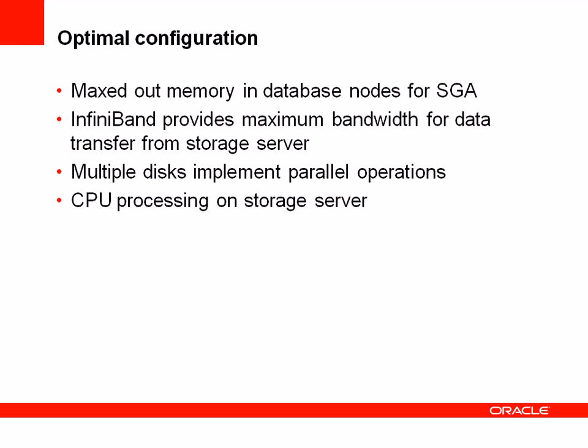Of course, if you have 14 cells in a full configuration, that's 168 disks spread out, so very high degree of parallelism there in disk activity. Also, we do some CPU processing on the storage server. We'll talk a lot more about that in subsequent slides.